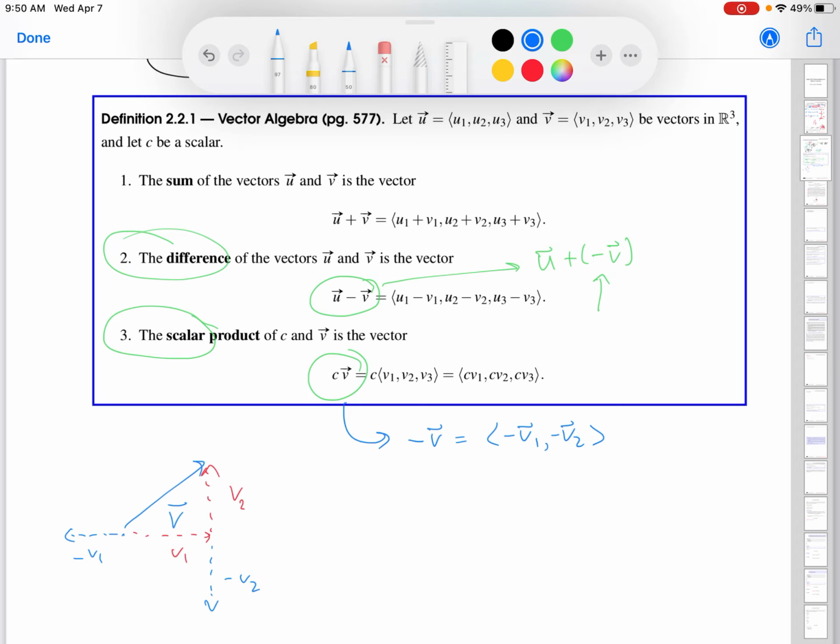And then I'm going to draw the vector starting from the same initial point to what ends up being the terminal point if I go negative v1 to the left and then negative v2 down. I'm going to continue to move this v2 over. Oh, it moves the point, so I'm going to erase that. There we go.